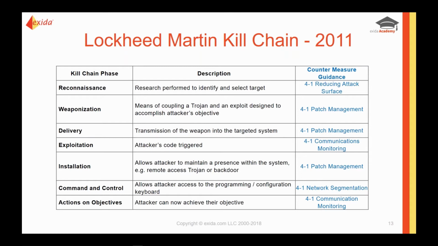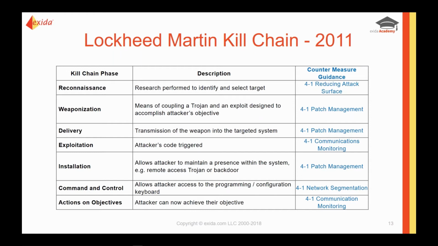Weaponization and delivery all deal with software getting onto the system. Having good update procedures and capabilities in place will help reduce the likelihood that an attack could occur on your system based on dangerous or invalid software that is installed on your system. So guidance is provided there.